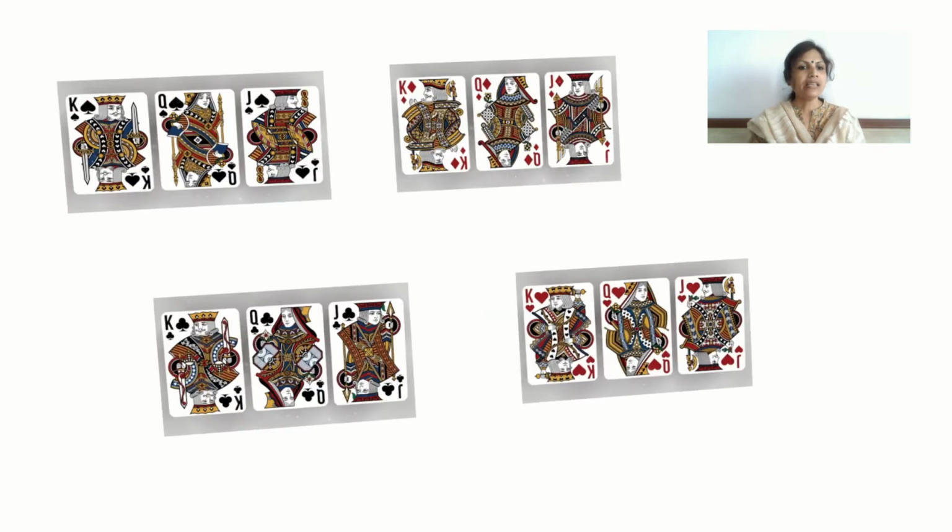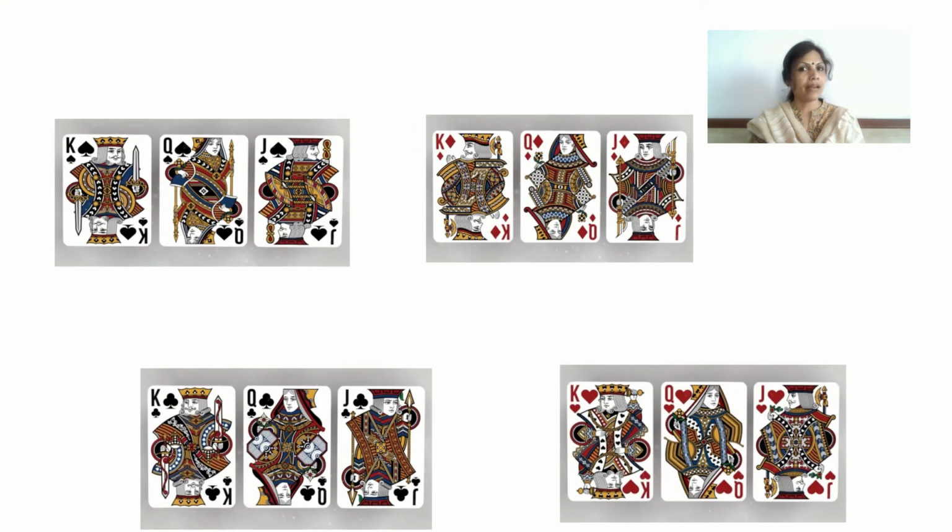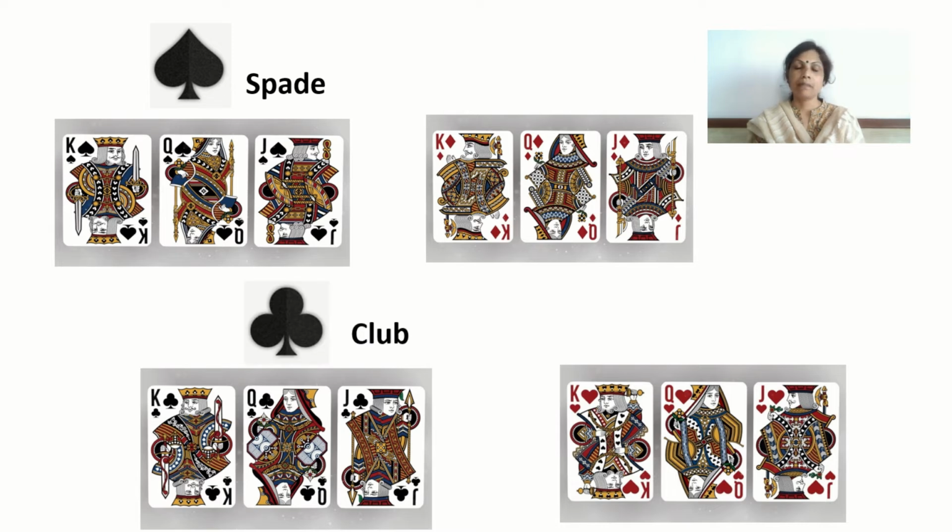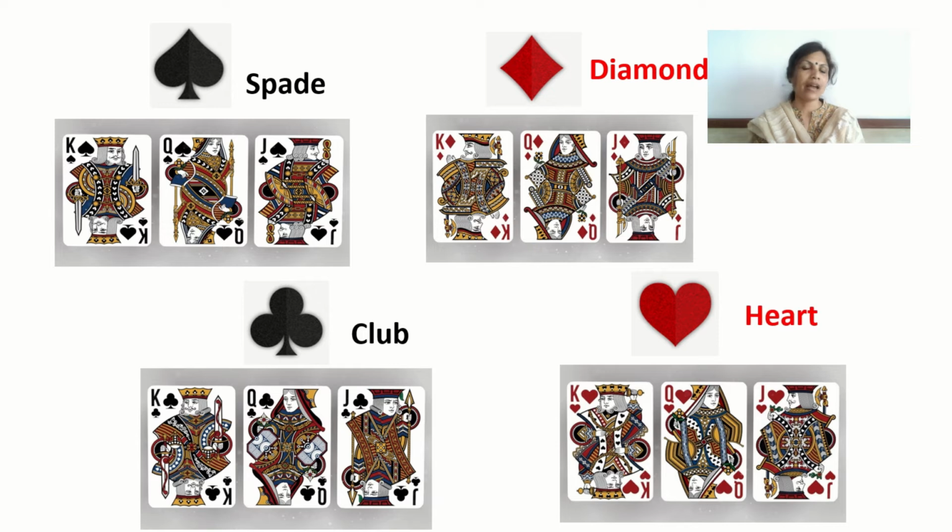The face cards of spade are king, queen and jack. Face cards of club, again king, queen and jack. Face cards of diamond, again king, queen and jack. And face cards of hearts are again king, queen and jack.